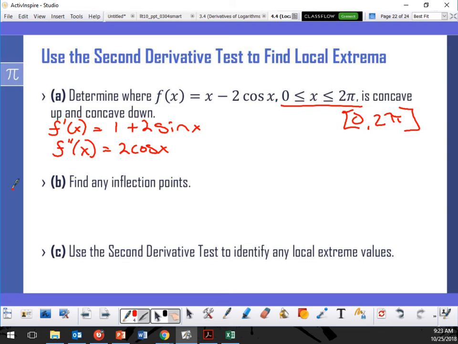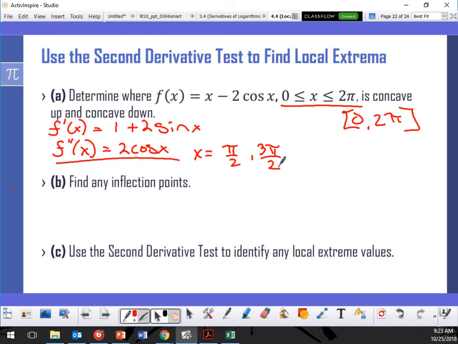Okay. All right, so where is cosine going to be equal to 0 over that interval? Pi halves. So this right here equals 0 at x equals pi over 2 and 3 pi over 2.